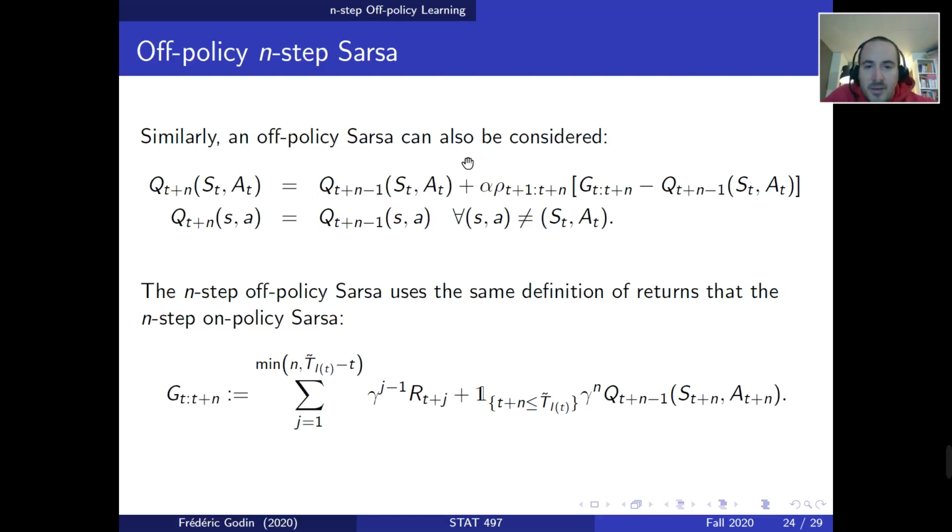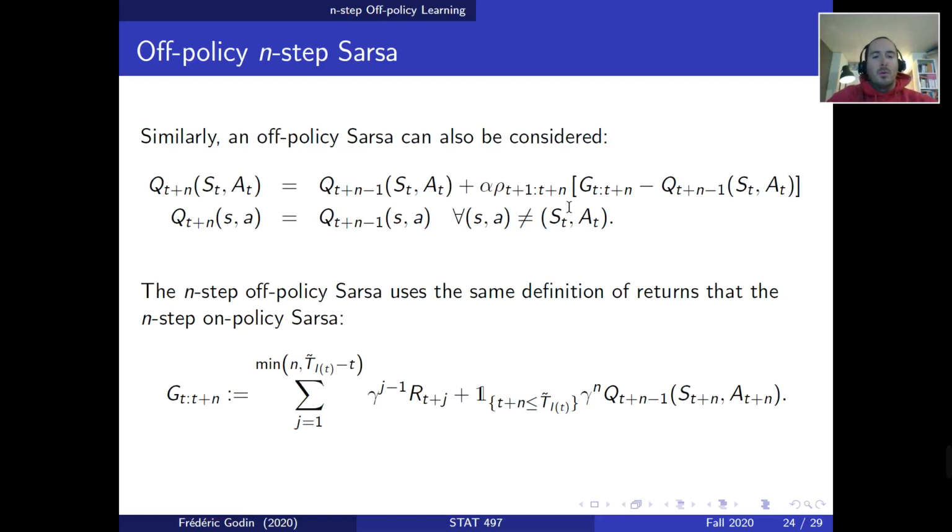The next estimate is the previous estimate plus the learning rate times the importance sampling ratio times target minus the previous estimate. This is pretty much like the n-step TD method we've just seen, except that instead of a state value function v, you have an action value function. One slight difference is that the rho, the importance sampling ratio, instead of starting at t, starts at t plus 1, and instead of finishing at t plus n minus 1, it finishes at t plus n.